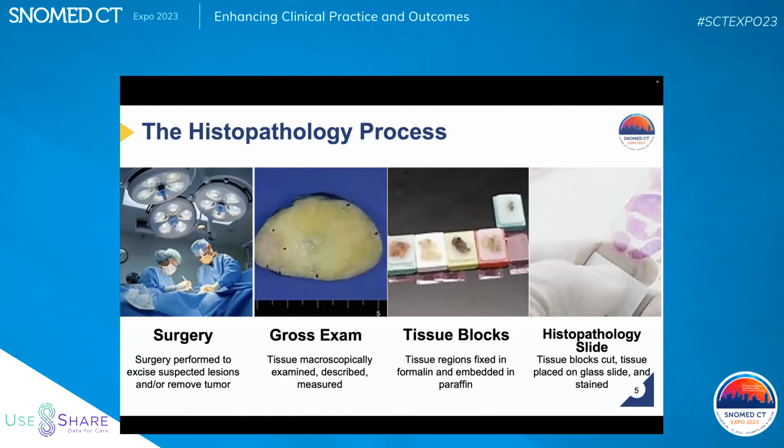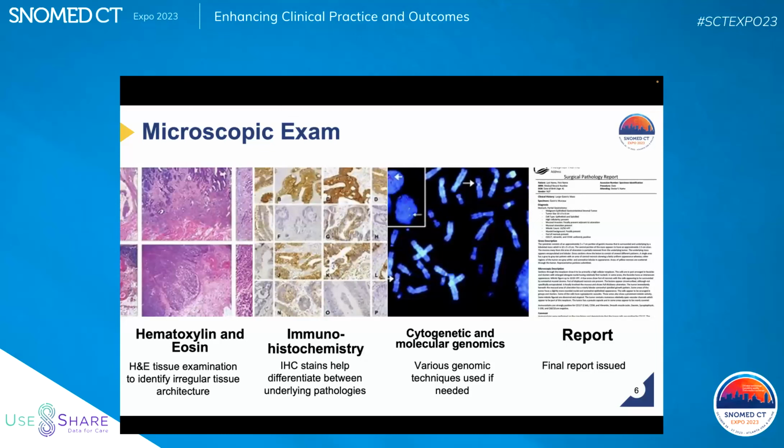Those are then microtomed to 3 to 4 microns thick, so really thin pieces of wax with tissue in it. They're put on a glass slide with a cover slip, and then, depending on how automated your laboratory is, they go through a series of stains. And one of the first stains that we always do is hematoxylin and eosin, or H&E.